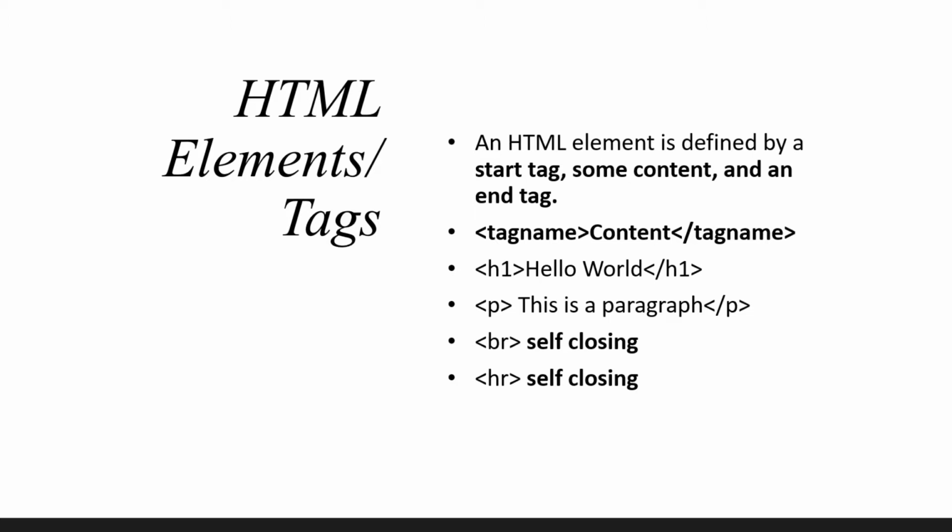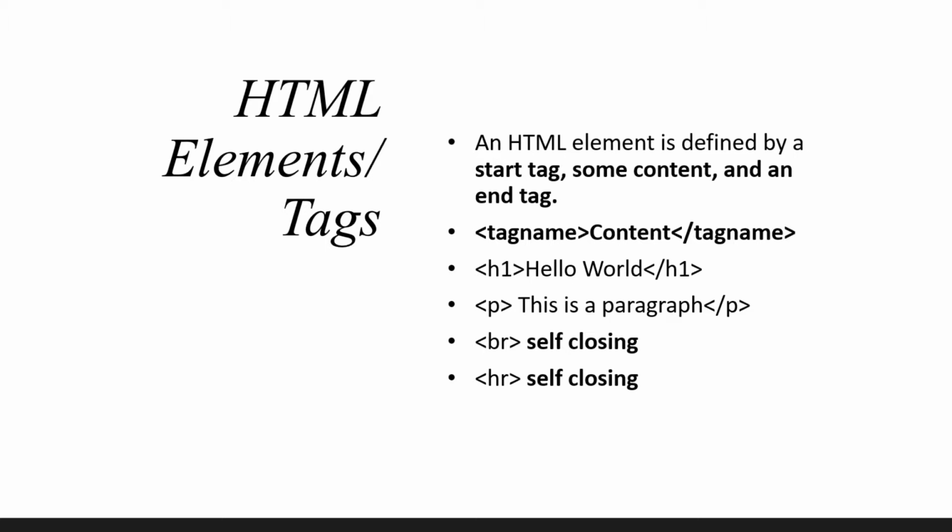Now let us talk about the HTML elements and tags. HTML is made up of elements, and the elements are of different tags. An HTML element is defined by a start tag, then some content, and then an end tag.